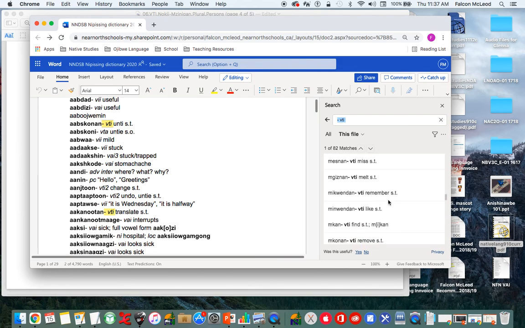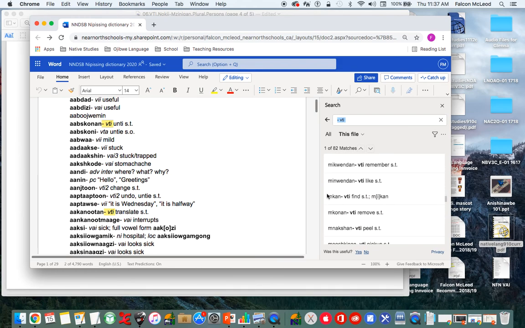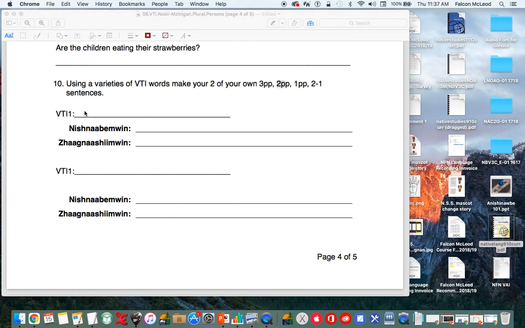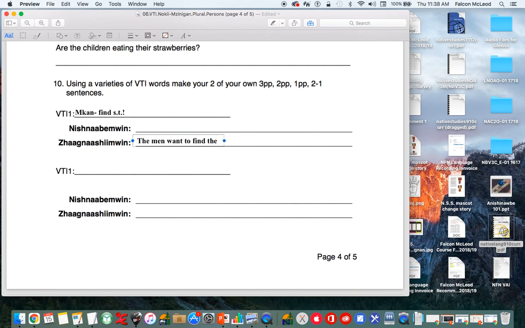So much to choose from. Let's go with find. Mkun. All right. So let's come up with some English to say first. So let's go with the men want to find the, let's go with spear. The men want to find the spear.